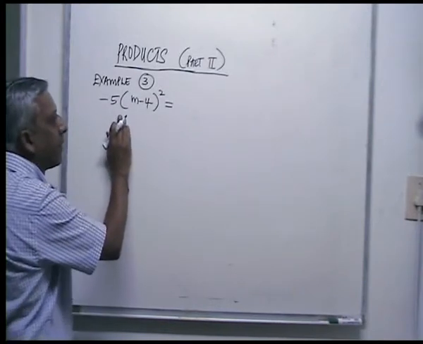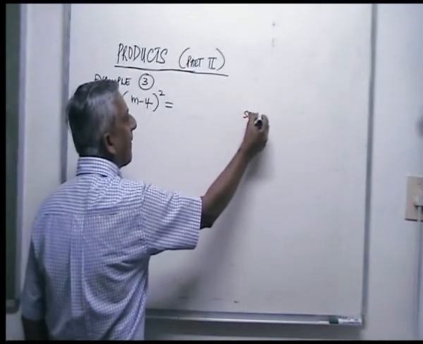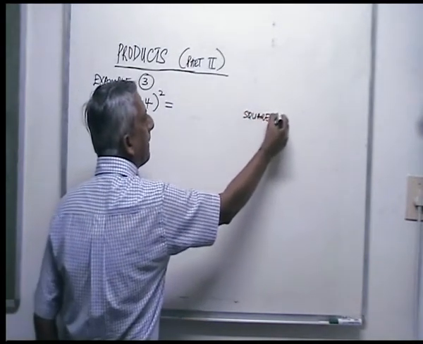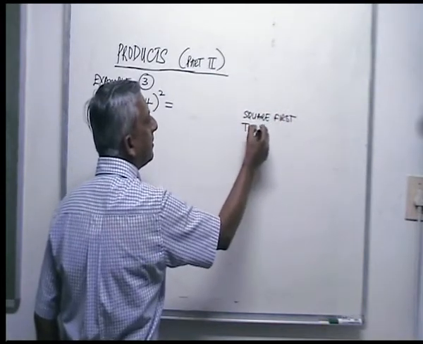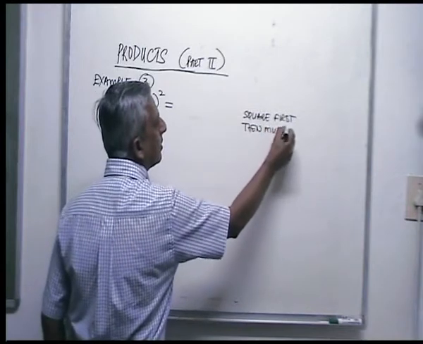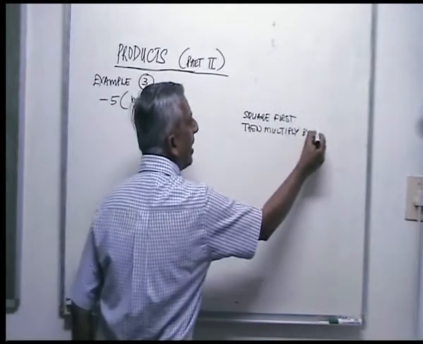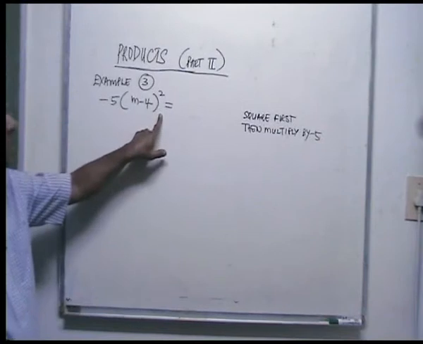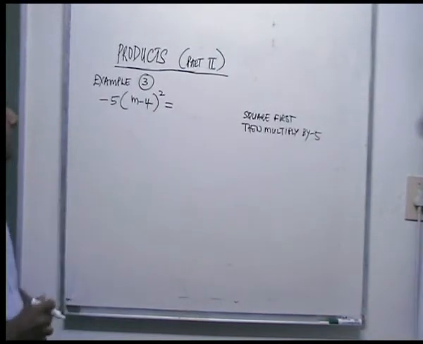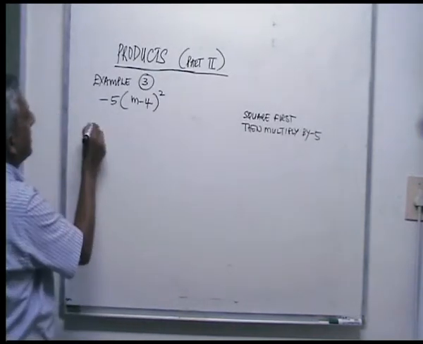It is saying square first, then multiply by minus 5. That's what this question is saying. It is saying square first, then multiply by minus 5. That's what it is saying. So, if you try to do this example, it might be better if I write the answer here.